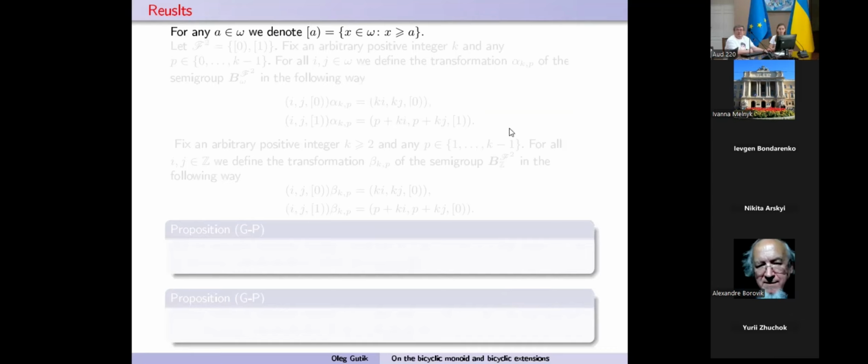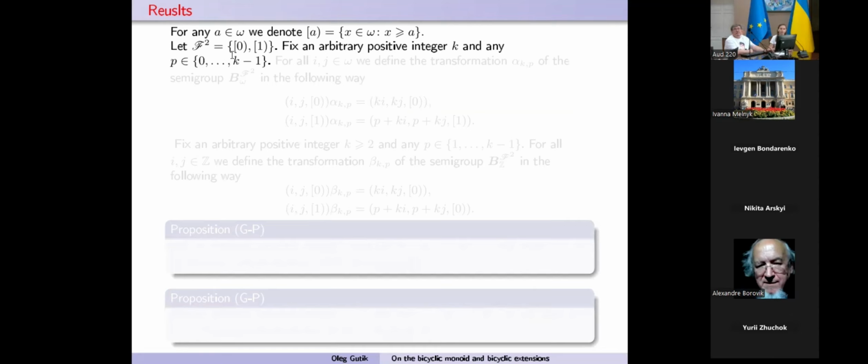So later, by that notation, we denote such an array starting with a in omega, and we denote by F2 the family which consists of two subsets, the array 0 and the array 1.